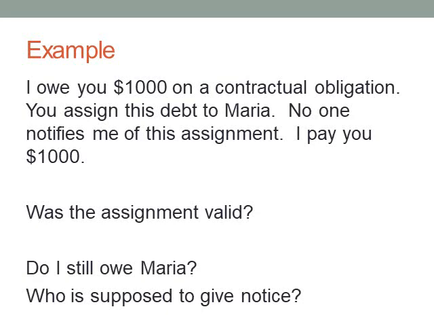What if I was given notice and I pay you anyway? The debt would not be discharged, and I would still owe Maria. Of course, I'd have to go and sue you to get my $1,000 back. So notice is key, but it certainly isn't a requirement.